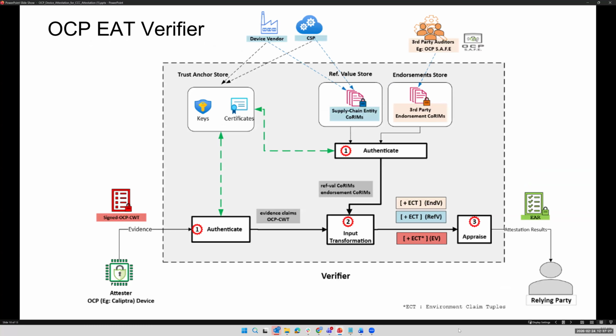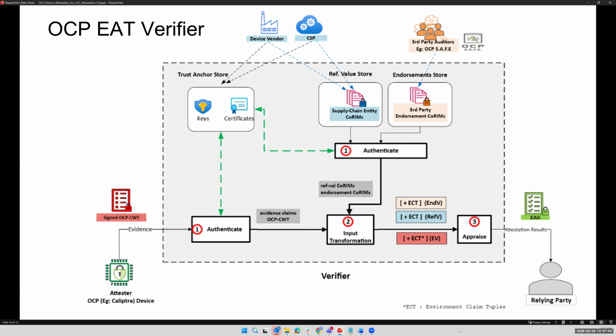Okay, next slide. So this is how we think everything will come together: the evidence, reference, and endorsement values for the attestation process. This is our vision for the OCP EAT verification. The evidence is provided by the OCP device in a signed CWT format.